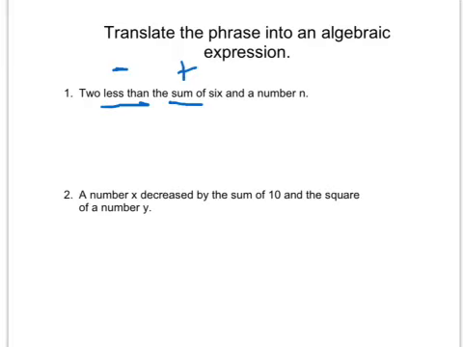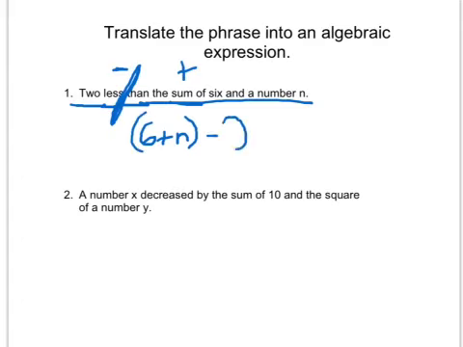Remember, this less than, I like to think of it as dividing the problem into 2. I'm going to subtract this side over here, the 2, from all this stuff. So the sum of 6 and a number n is what I'm starting with. Remember, I've got more than one operation, so I'm going to put that sum in parentheses. And I've got 2 less than that, meaning I'm taking away 2. So 6 plus n in parentheses, minus 2.